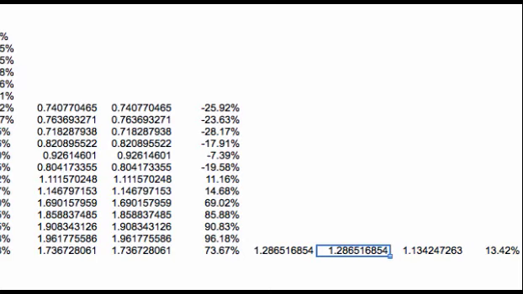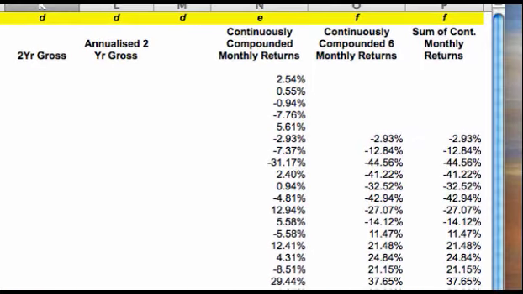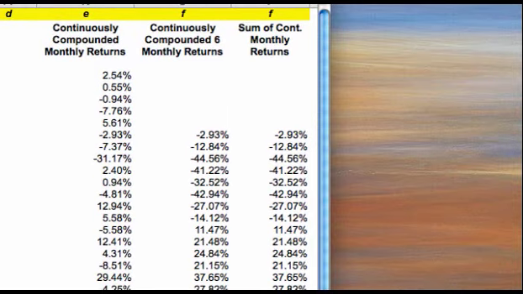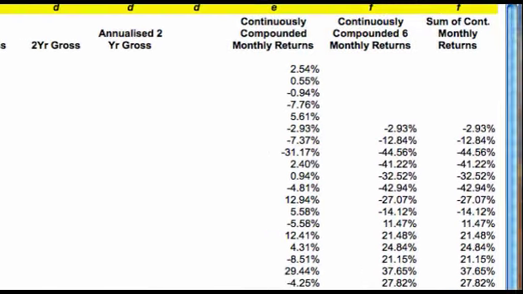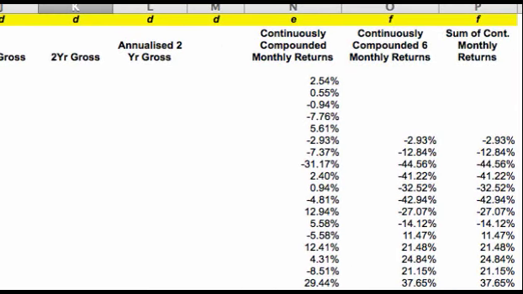Let's have a look now quickly at the continuously compounding returns. Now it's a very theoretical concept, the continuously compounding returns. You don't tend to get continuously compounding interest on all of your investments, and usually it's calculated at a daily rate or calculated at a monthly rate or something like that.